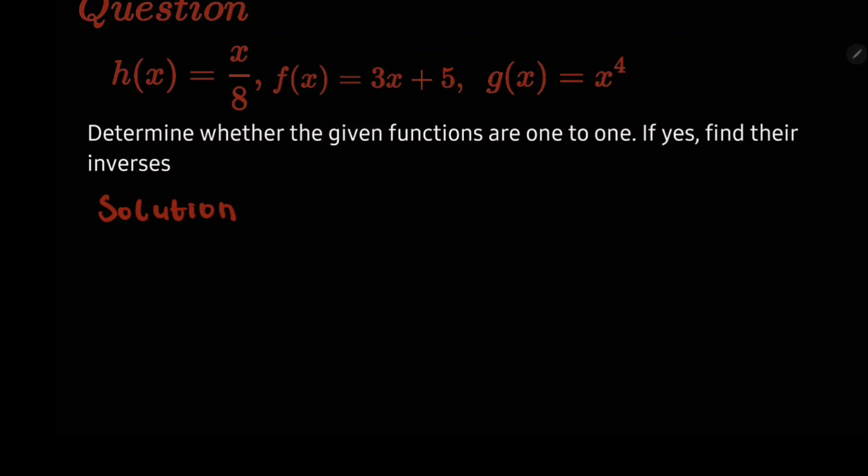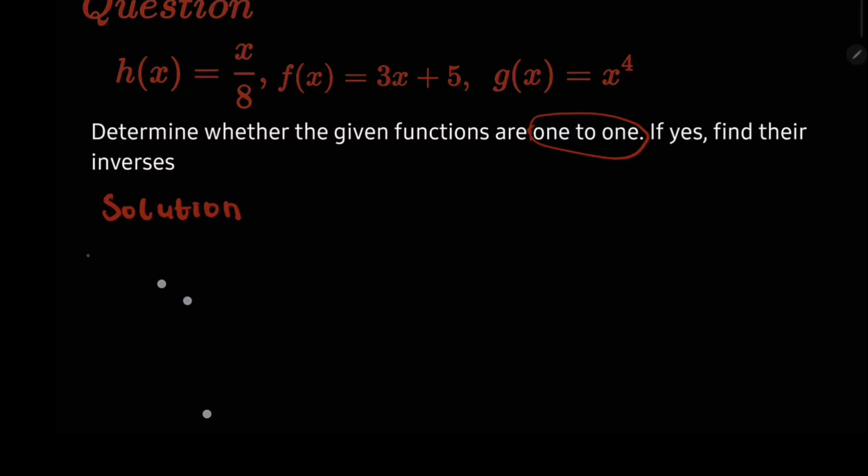Okay, so the first thing you need to know before solving this question, if you don't know what one-to-one is, then you will not be able to interpret this question. So you need to know that a one-to-one function is also known as injective.